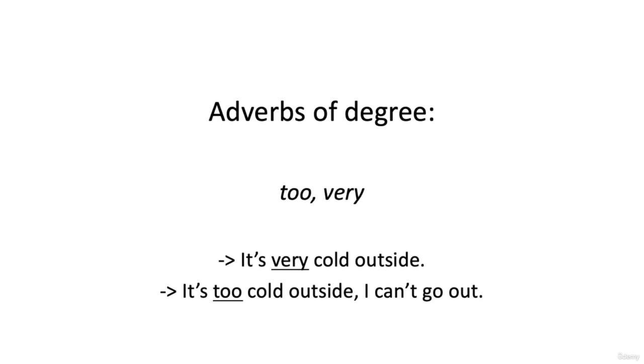For example, it's very cold outside. This sentence indicates a fact, that the cold is extreme. Now in the sentence, it's too cold outside. I can't go out. Too indicates there is a problem for the speaker.